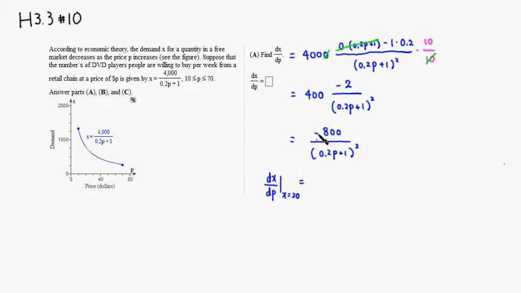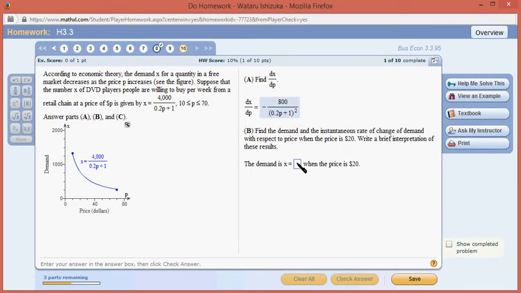This is equal to negative 800 over, if you plug in 20, 0.2 times 20 is 4, 4 plus 1 is 5, squared is 25. 800 divided by 25 is 32, so this is negative 32.